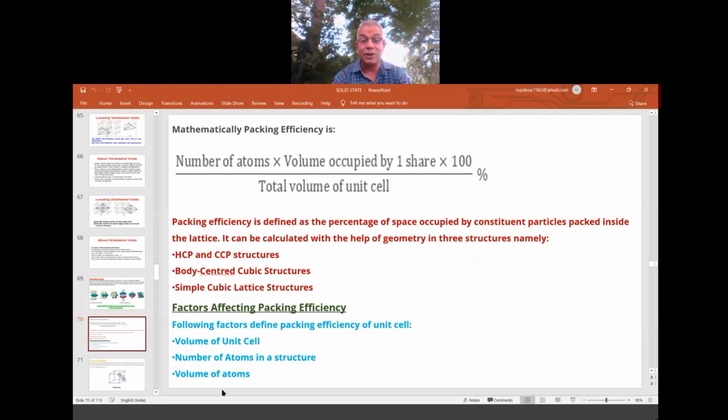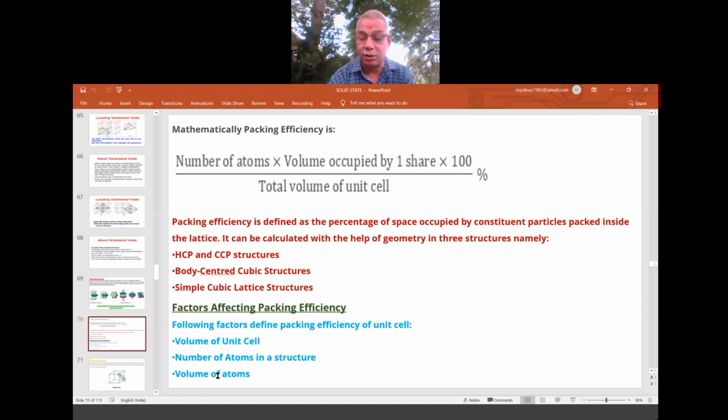Volume of atoms, size, I told you, small or bigger, and number, and the volume both. First how much space is available, then with what size they are going for packing, and what is the size of that small particle in terms of volume, and number also. So all three together will decide the percentage of the packing in that pattern. That is called packing efficiency.